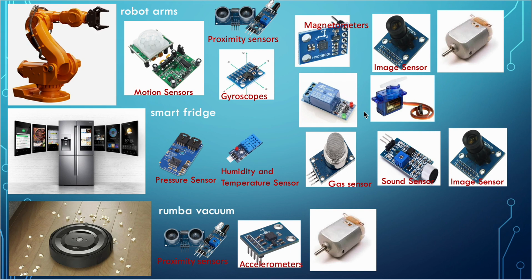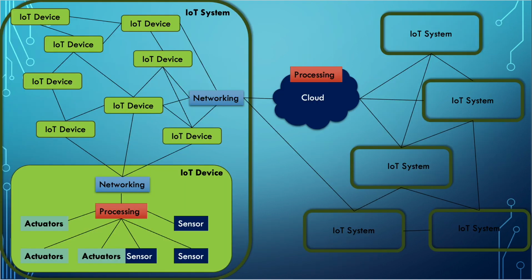As we discussed, we took devices, applications and examples of IoT devices, then we looked at our sensors, our actuators, our processing embedded systems, and our networking. So right now we are looking at the sensors and actuators in each IoT device. In this diagram, I want to explain what sections we are talking about.